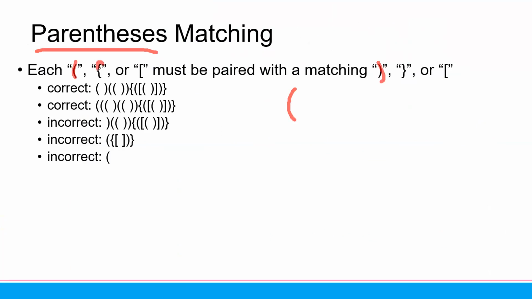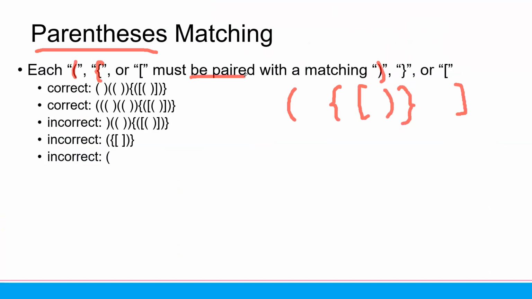If we create with this curly bracket, there should be an ending. If we have the square bracket, then there should also be an ending. Okay, and this should be in a pair.